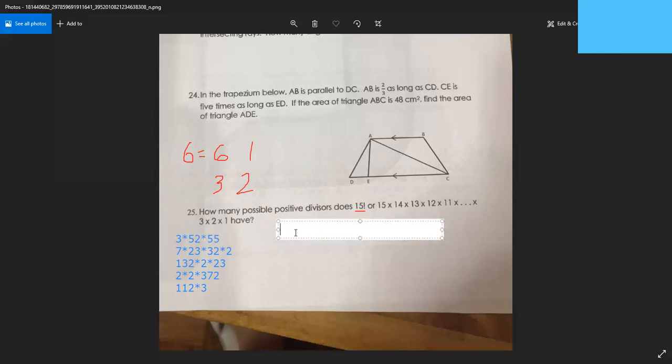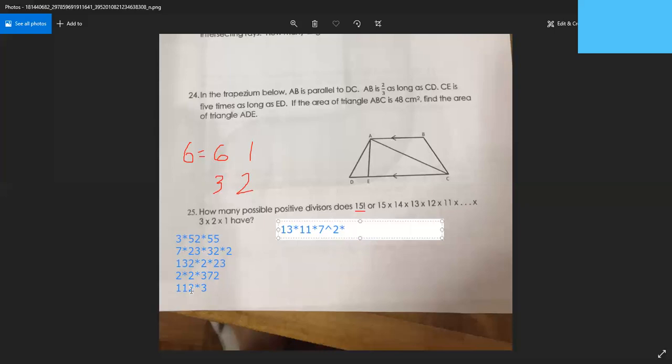Now, how many threes are there? How many 13s first? There is only one 13. There's one 11. How many sevens are there? 1, 2. So 7 squared. Times, how many fives?